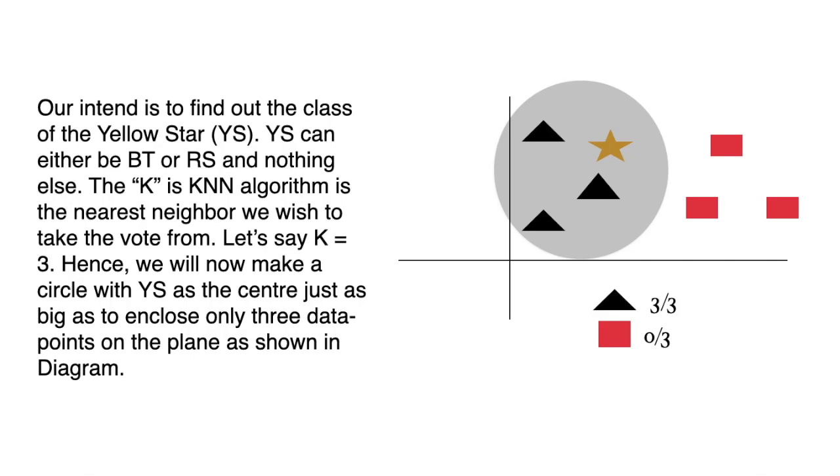Hence, we will now make a circle with yellow star as the center just as big as to enclose only 3 data points on the plane. The 3 closest points to yellow star are all black triangle. Hence, with a good confidence level, we can say that the yellow star should belong to the class black triangle. Here, the choice became very obvious as all 3 votes from the closest neighbors went to black triangle.